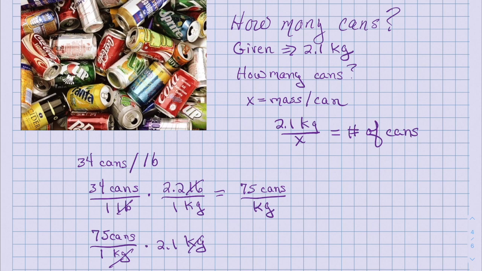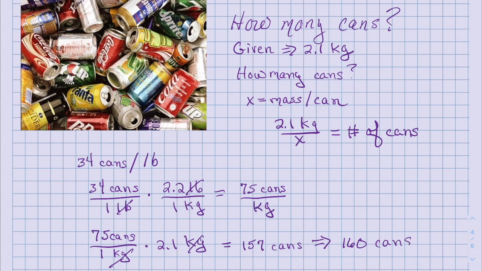So in this case, the kilograms will cancel out. And when I multiply that out, I'm going to get a value of roughly 157 cans, close to 160. And really, we should round that to 160 given the imprecision of the information that we have.